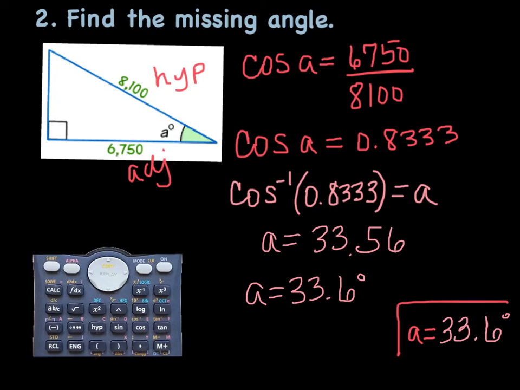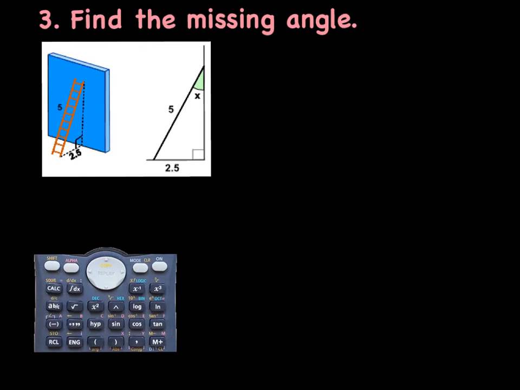Let's try one more. Okay, let's go ahead and label our sides. We're working with angle X, trying to find angle X, so 2.5 is our opposite side. And what is 5? Well, that's our hypotenuse. So which one will use opposite and hypotenuse? Well, hopefully you're thinking of sine.